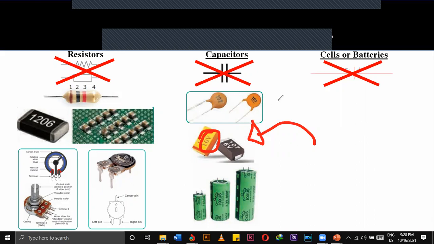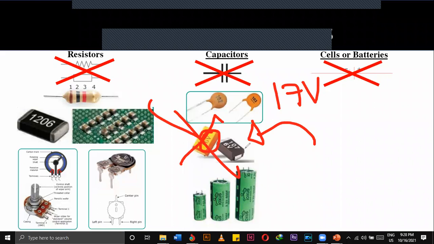If we apply 17 volts to this capacitor, it will be broken, right? So that is the limit. Under this voltage, it can work. And this one, 107, is the capacitance, so 107 microfarads, right?